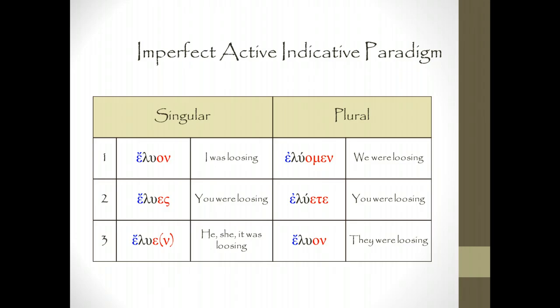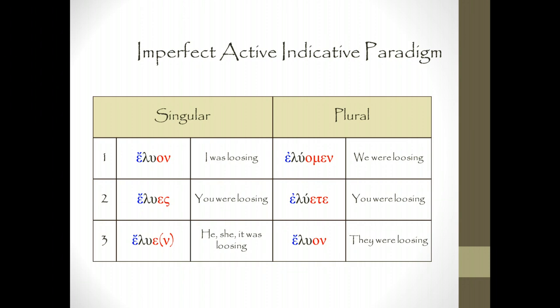One last thing before we move on to the next paradigm. Please notice that the translation of all of these is not "I loosed" or "you loosed." That is a simple past, which we will be dealing with later on in the course. It's important that in your translation of the imperfect tense you include either the word "was" or "were."